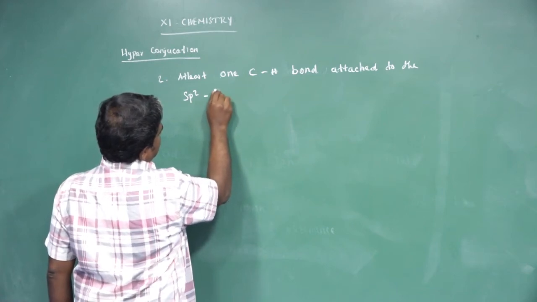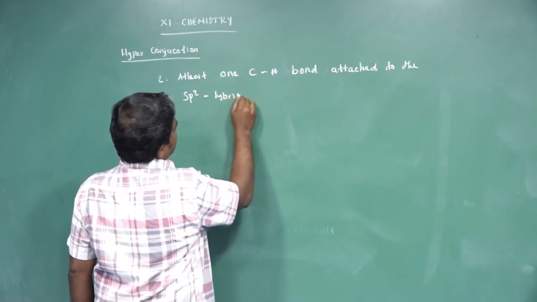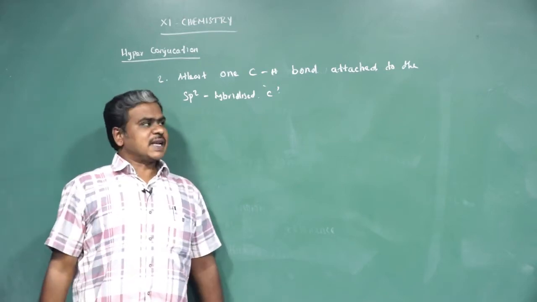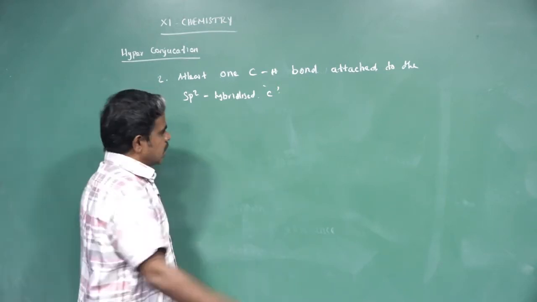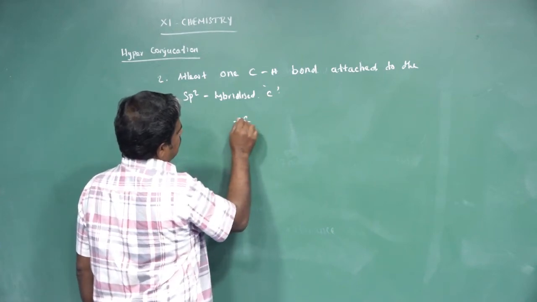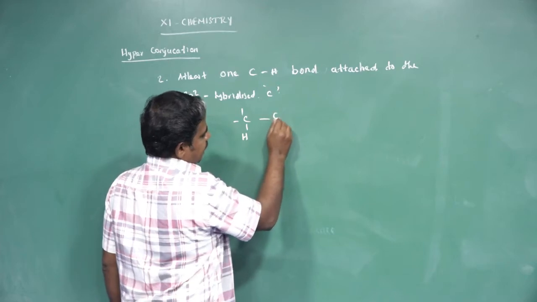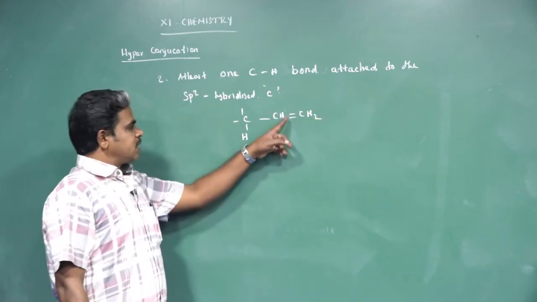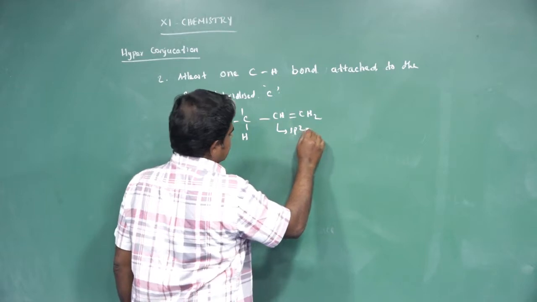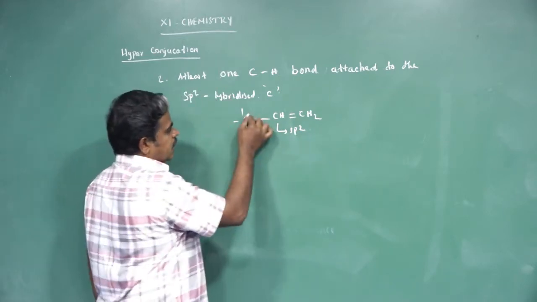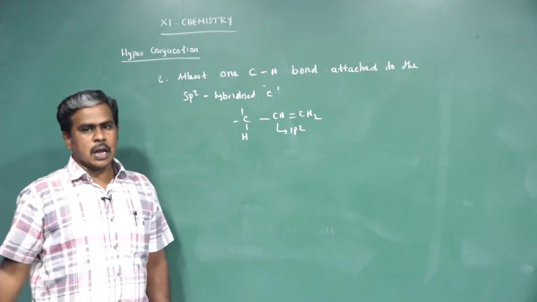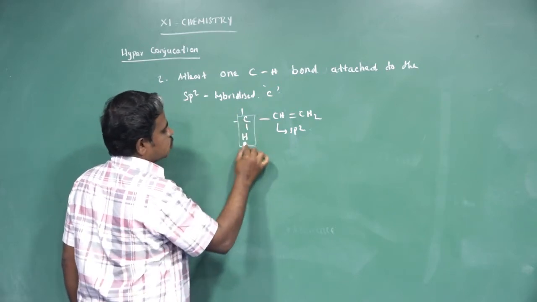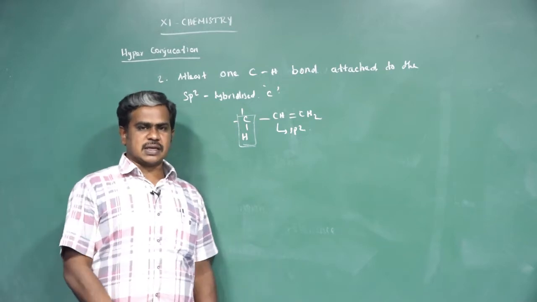Suppose a CH bond is attached to an alkene, CH double bond CH2, or to a carbocation or free radical. So at least one CH bond is attached with sp2 hybridized carbon.